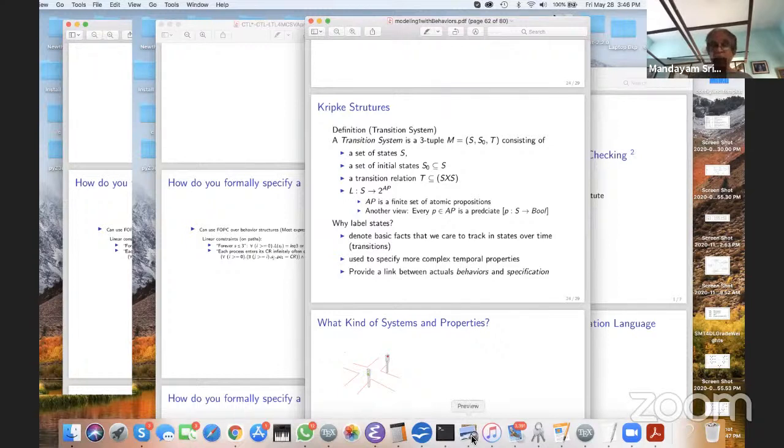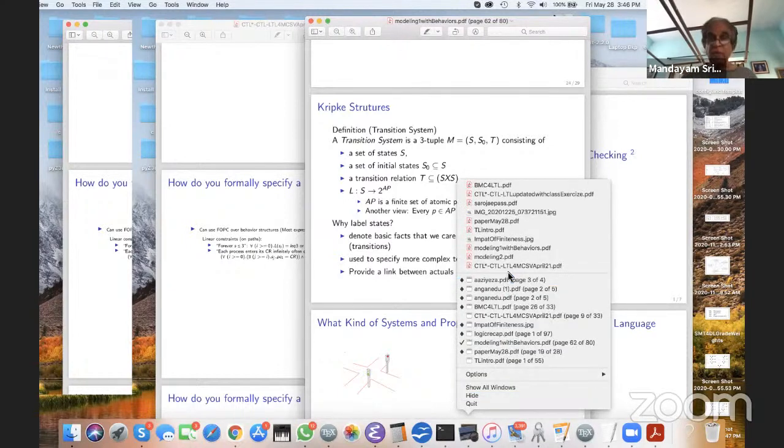Now, if you assume that our transition systems are finite, what is the impact? I want to make an observation, which is related to the question that Ratnakar probably asked last time when I introduced this concept of witness. We'll get to that.